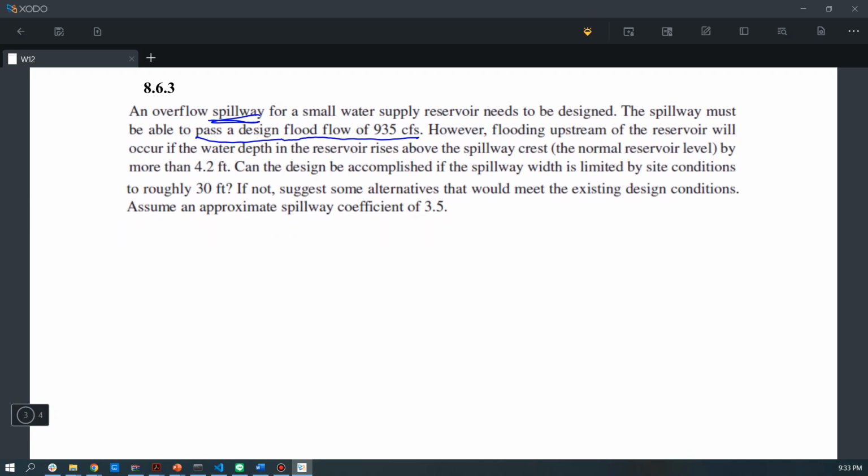And after the evaluation, we will need to check, if it cannot pass this design flood flow, what can we improve in this design to accommodate this design flood flow?